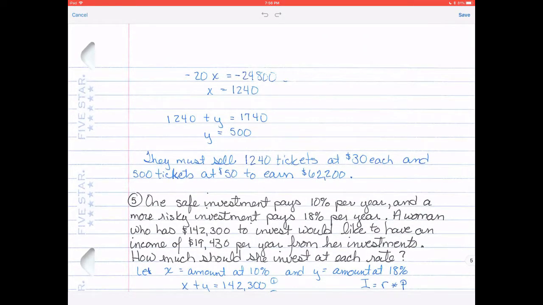Then you have 20 minus this, so x is 1240. 1240 plus y equals this, so y is 500. So you must sell 1,240 tickets at $30 and 500 tickets at $50 to earn $62,200. Okay?